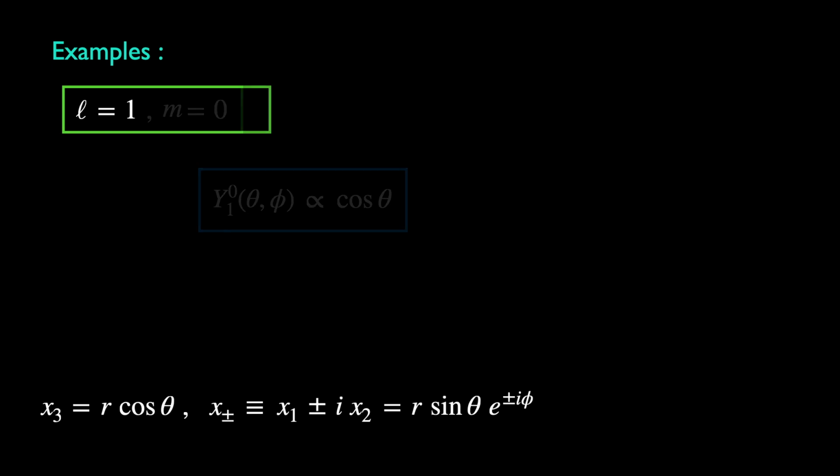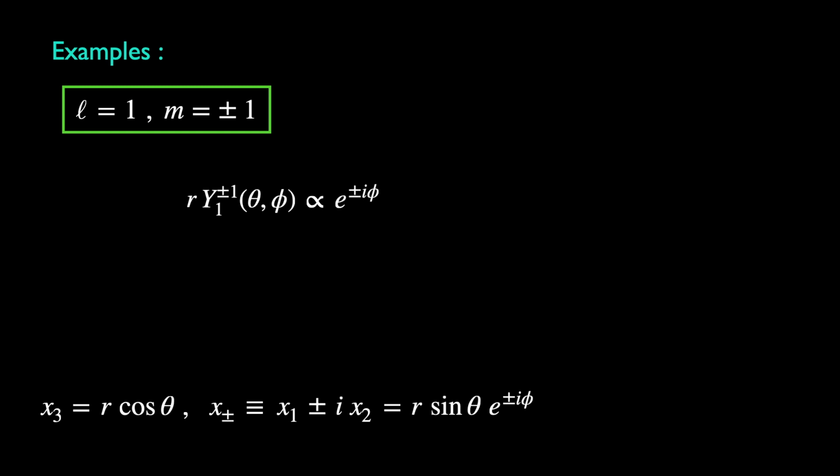What about when m equals plus or minus 1? We can solve them together. The requirements on m tell us that this has to be proportional to x plus minus.